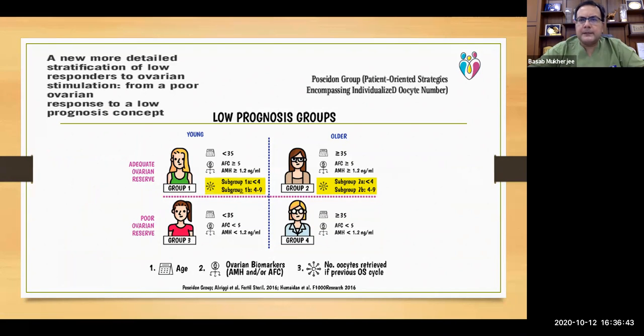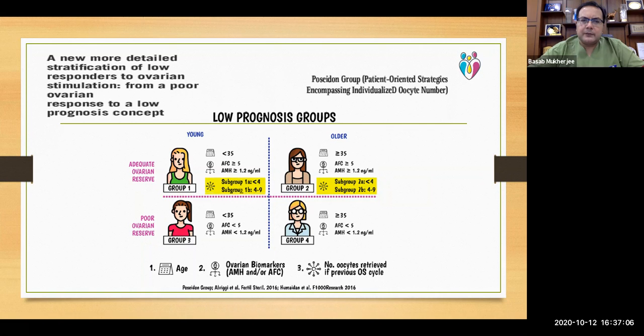The full form is Patient-Oriented Strategies Encompassing Individualized Oocyte Number. Depending on the age, the AFC and AMH levels, different groups have been identified, the young ones and the old ones, and those with adequate ovarian reserve and poor ovarian reserve.